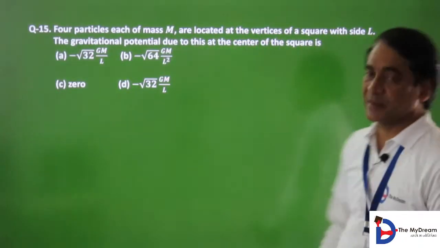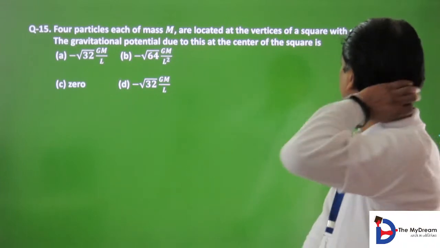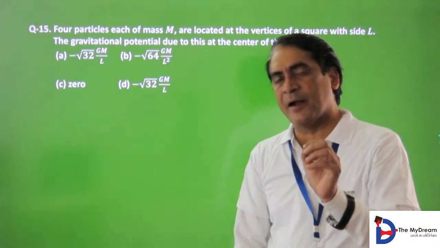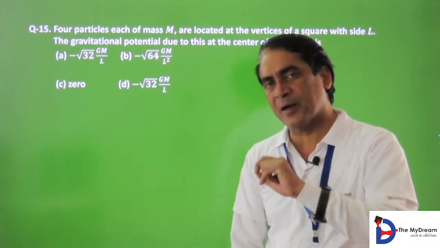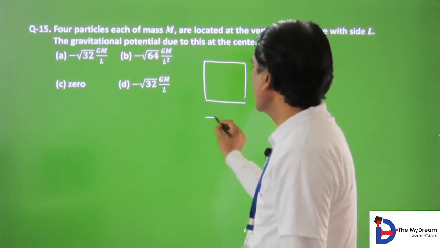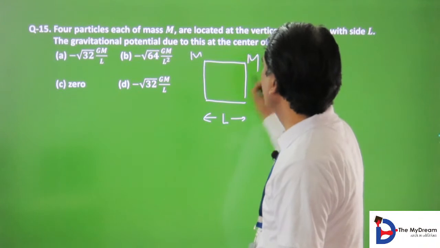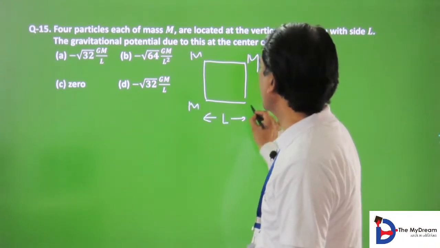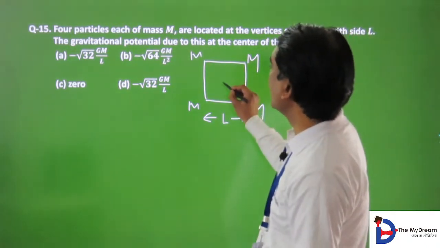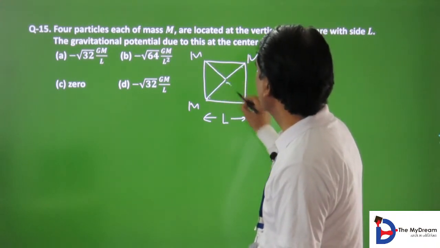Four particles each of mass capital M are located on the vertices of a square with length L. The side of square is represented by capital L. So there is a square, length that is L. The four particles each of mass capital M. The gravitational potential at the center we are discussing.